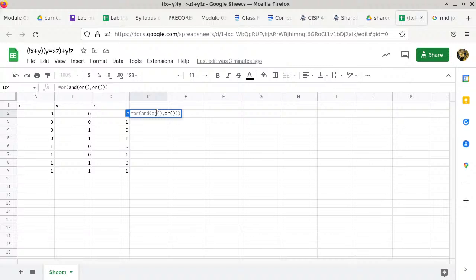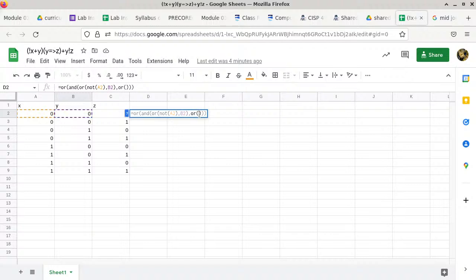And now we are ready to go back in and specify what are we oring here. So we have the not of x. Oh, okay. This part gets a little harder because I have to be able to control the cursor back to where I need to insert the second one, and the second one is y. There we go.